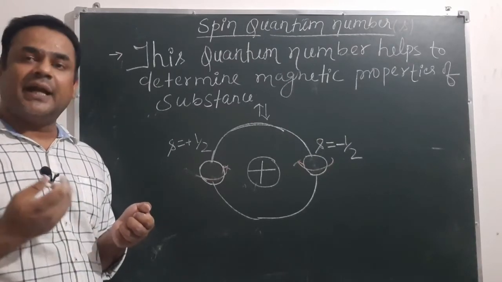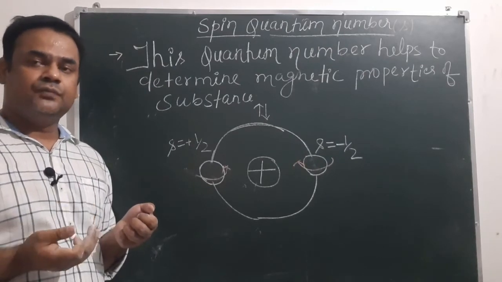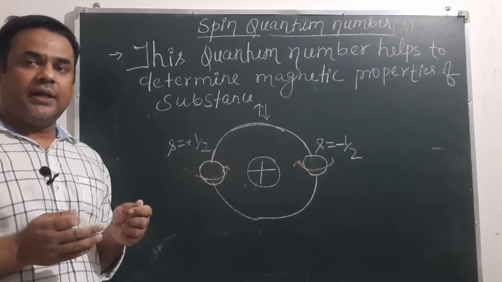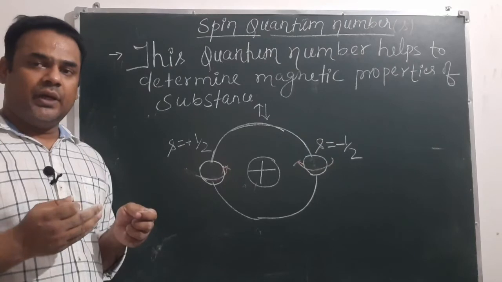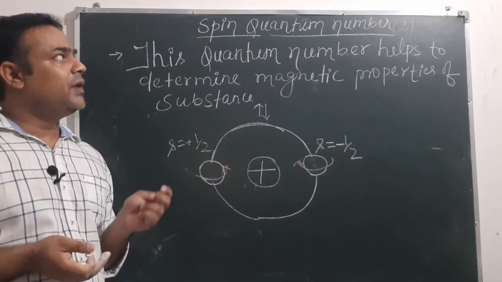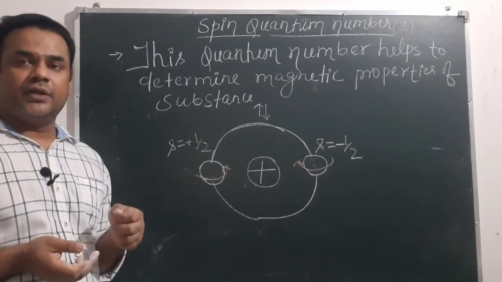In case of magnetic quantum number, we can determine the orientation of orbitals, and the most important thing is that we can calculate how many orbitals are there in a particular subcell. But when we come to spin quantum number, it gives magnetic properties to any substance.